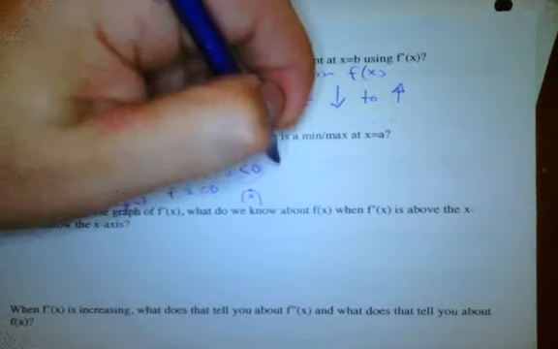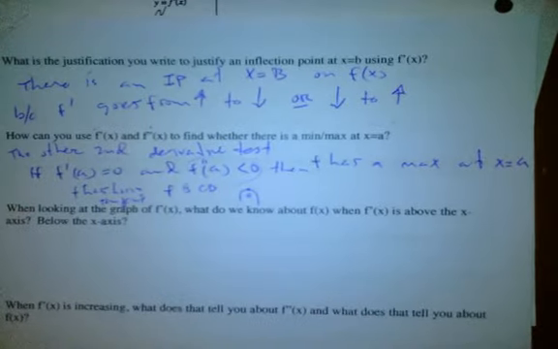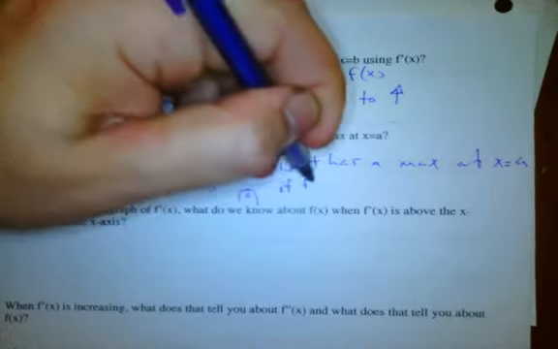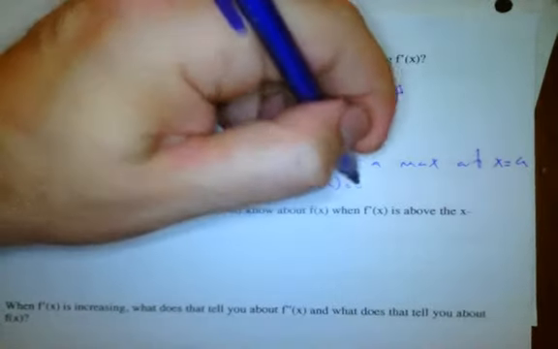We're looking at something like this at x equals a. And so we would say if f prime equals 0 and f double prime is less than 0, then f has a max at x equals a.